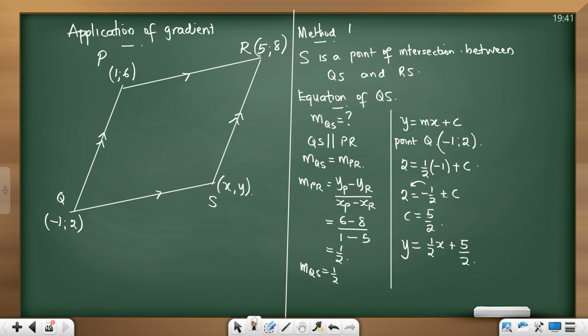All right, my good learners, once you're done, quickly find for me the equation of RS. I'm not going to do this. I'm going to trust your answer. Find the equation of RS.